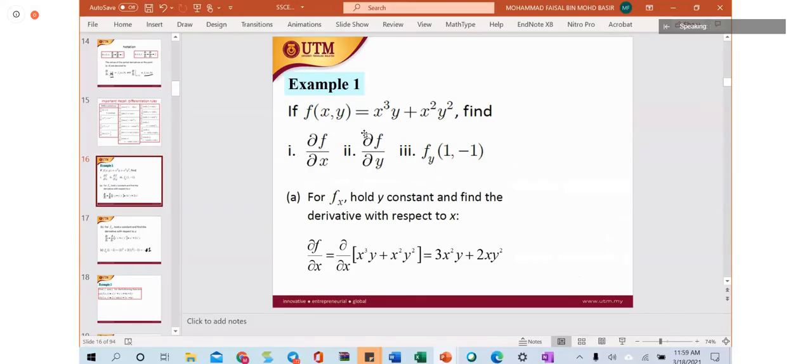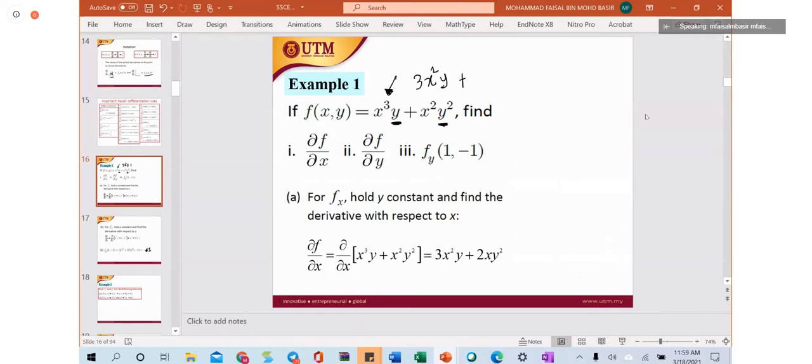The first one, del f over del x. When you differentiate with respect to x, y is a constant. So how do you differentiate x cubed? 3 brought downwards and then you subtract one from the power, right? y will remain the same.